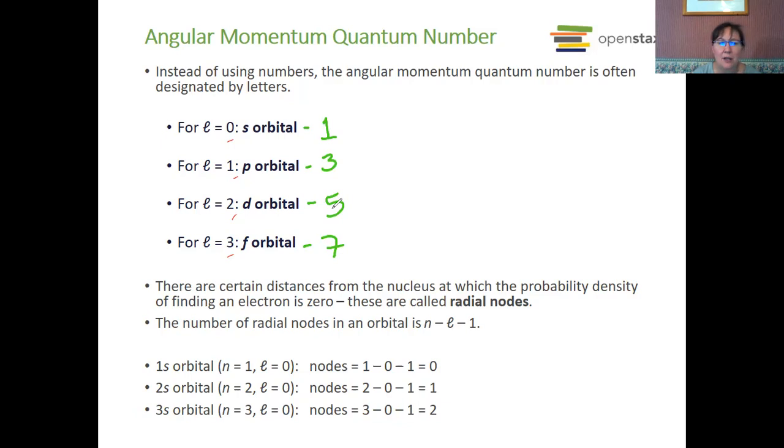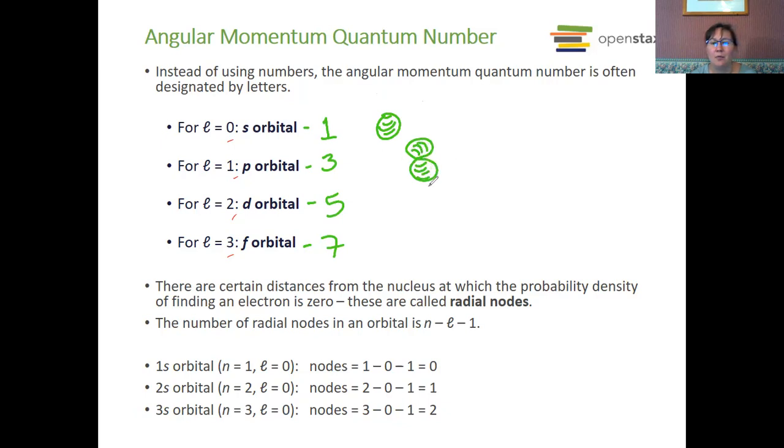And I have this in a picture, but I just want to show you, if I were to sketch a rough image of what these orbitals look like, the s orbital looks a little bit like a sphere. And the p orbital looks a little bit like an infinity symbol.